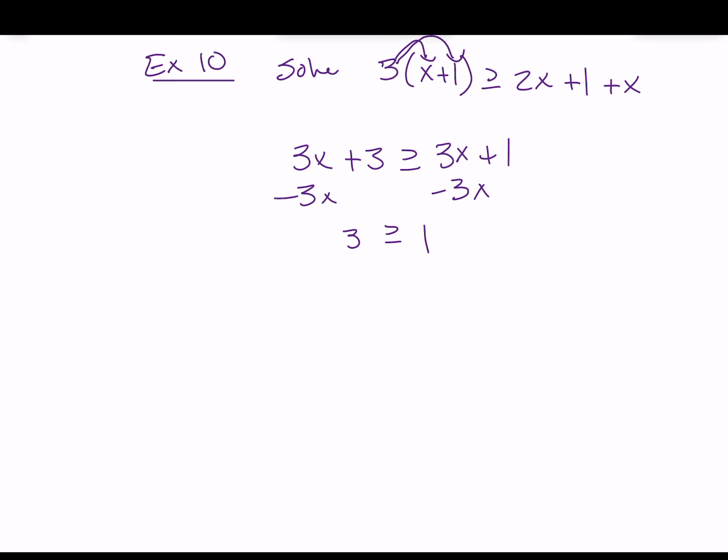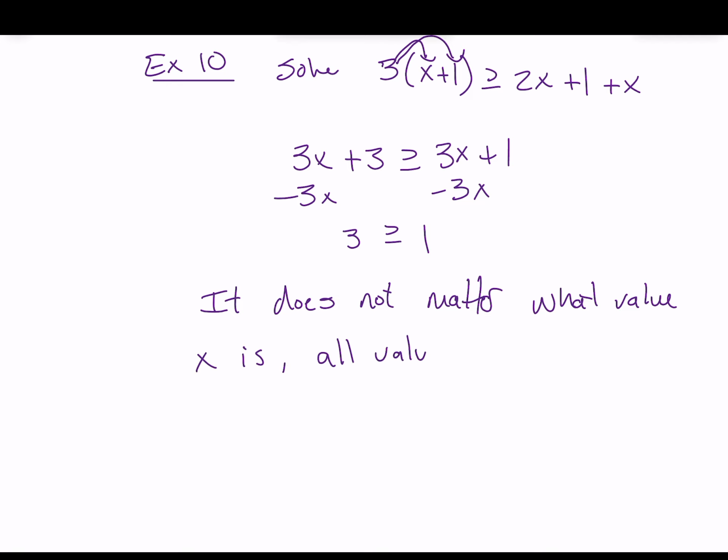So when is 3 greater than or equal to 1? Well, 3 is always greater than 1, so it's certainly always greater than or equal to 1. So it does not matter what value x is, all values of x are in the solution set.